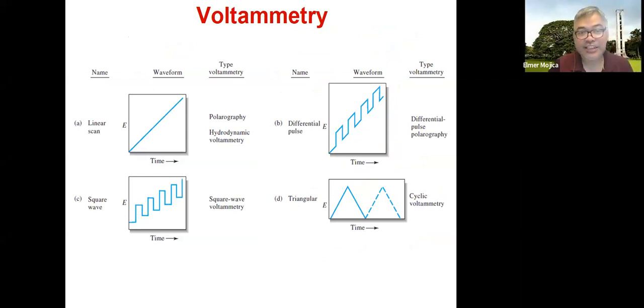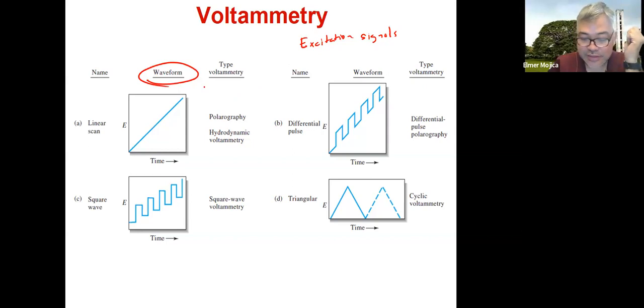This excitation signal produces a characteristic current response, which is the measurable quantity in this method. And this shows the common waveforms that you observe in any voltammetric technique. These are four of the most common excitation signals used in voltammetry.